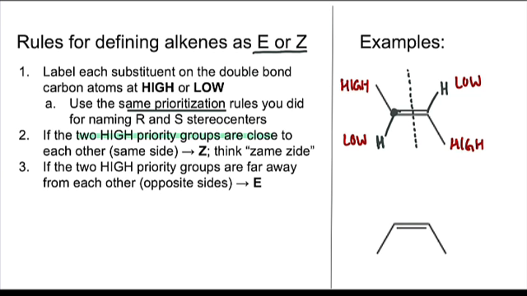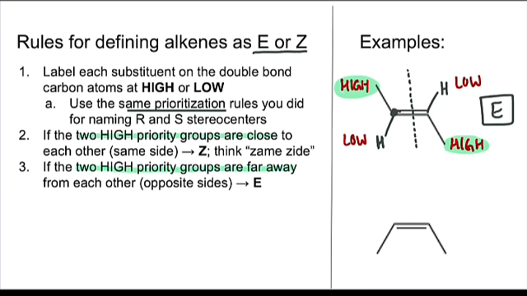We think it's Z. And if the two high priority groups are far away from each other on opposite sides of the double bond, then we would say it's an E alkene. Well, these two high priority groups are on opposite sides of the double bond. So for that reason, I'm going to label this an E alkene.